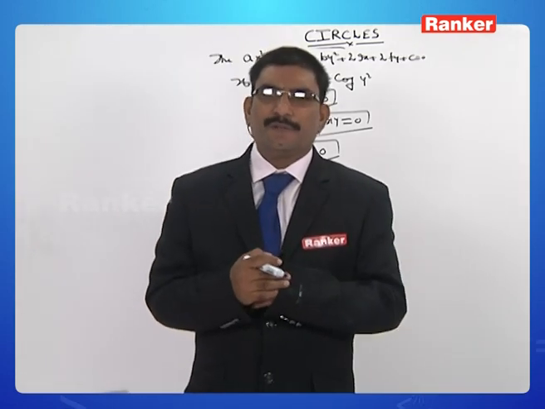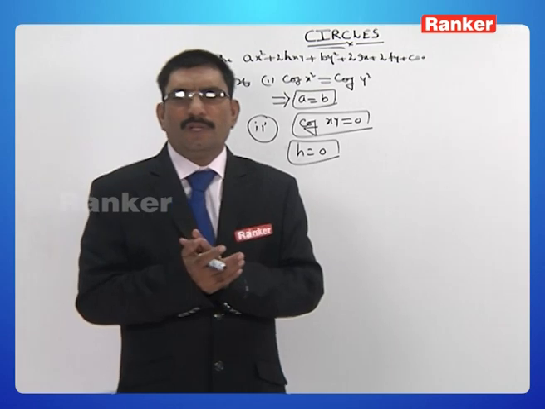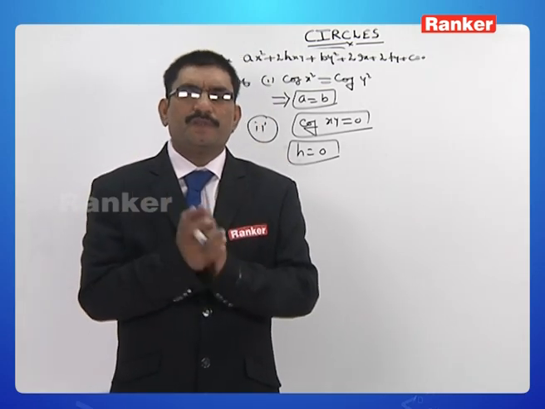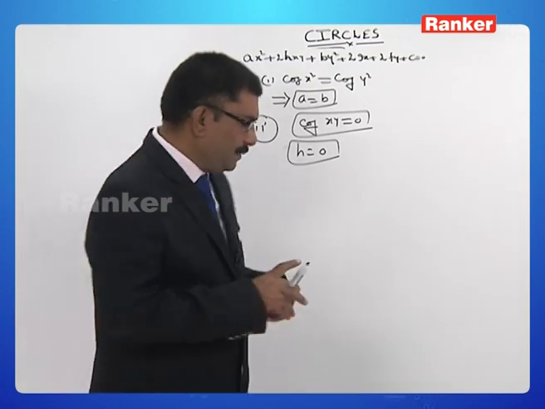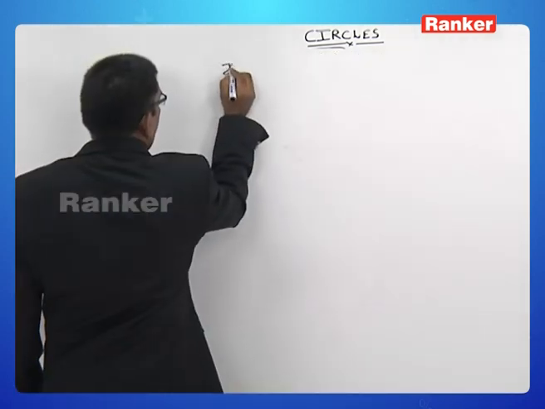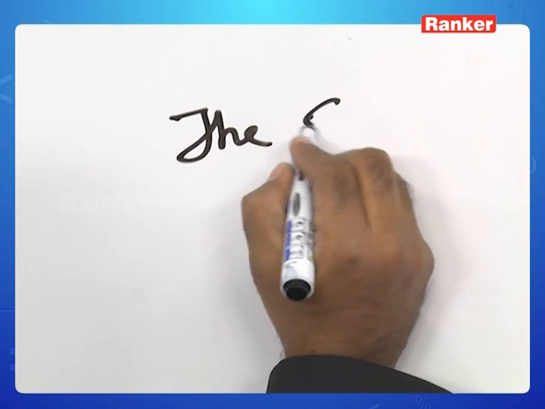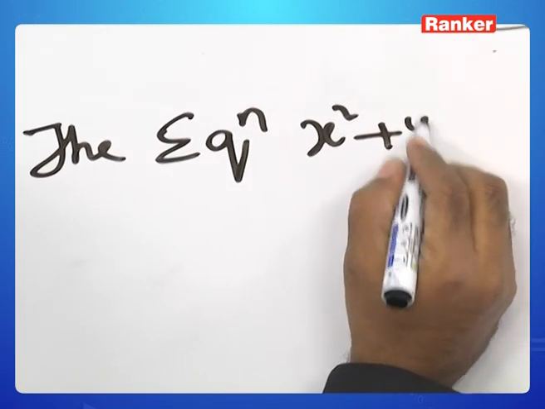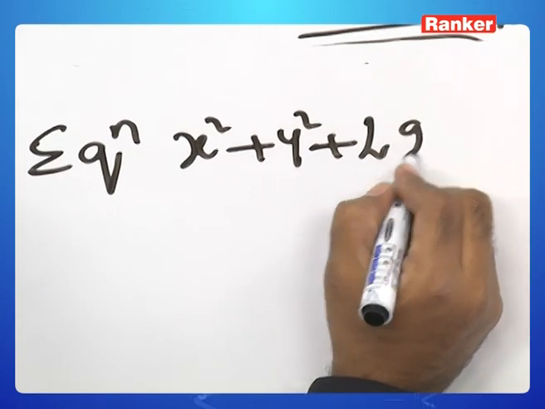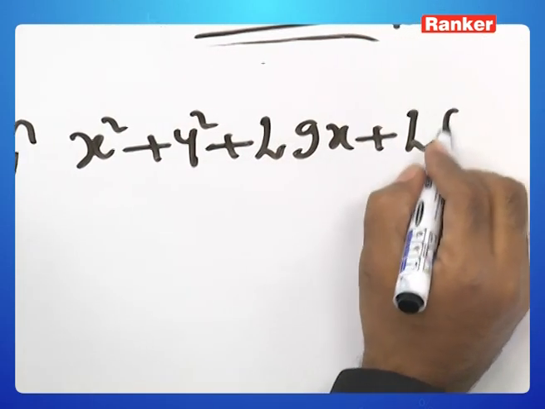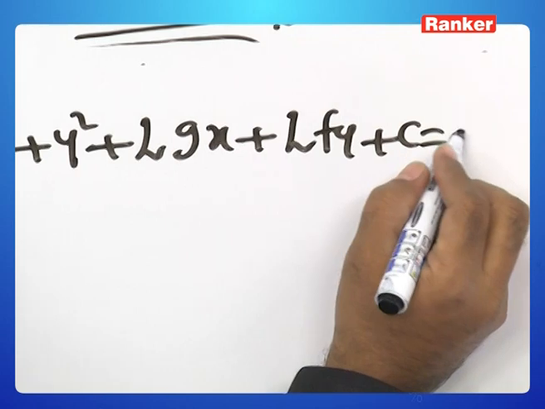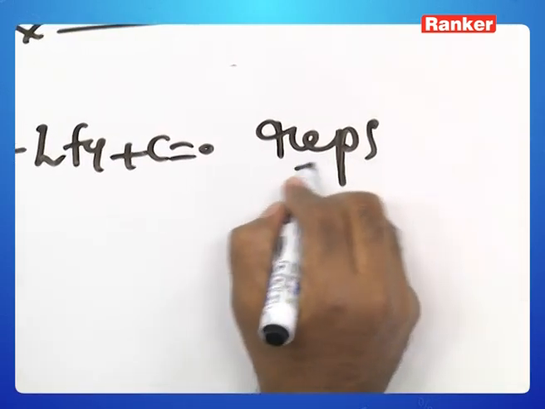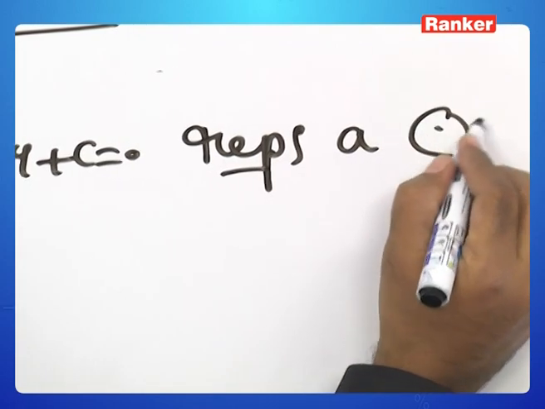Next, we shall go for understanding the basic properties of the circle. The equation x square plus y square plus 2gx plus 2fy plus c is equal to 0 represents a circle.